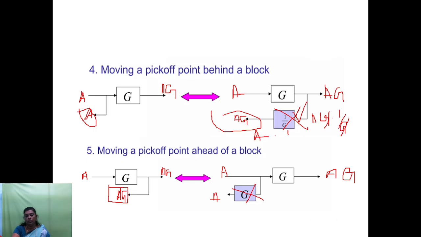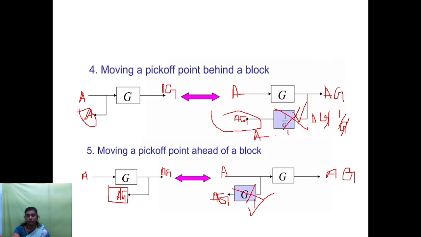So what I am going to do is multiply this pick-off point with the gain G, so that here also I will get the output AG. Okay.